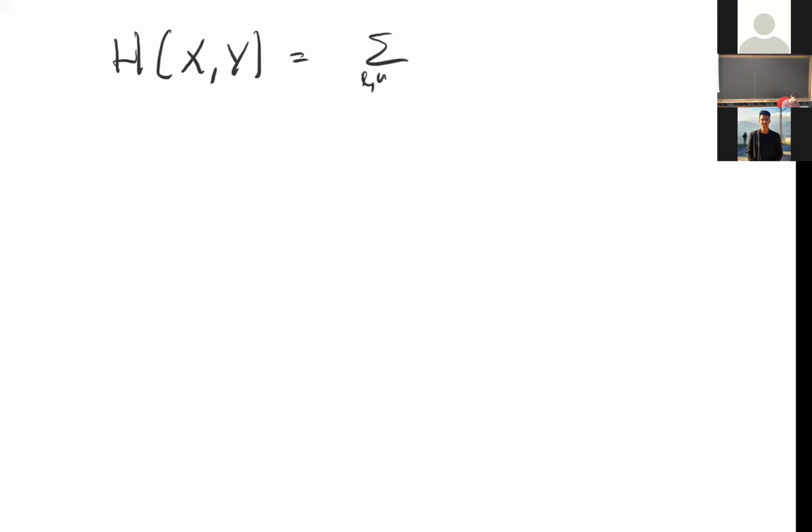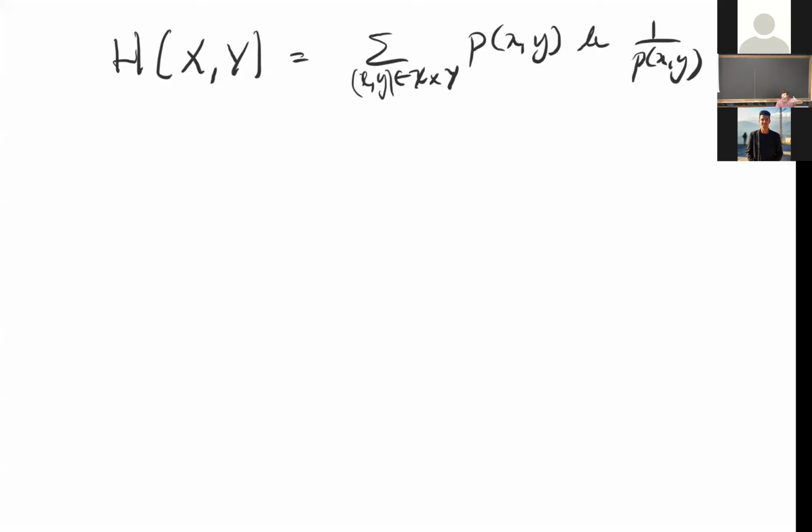It's the sum over all x, y that belong to X times Y of the joint law. So this is the expected information gain when you measure both random variables.